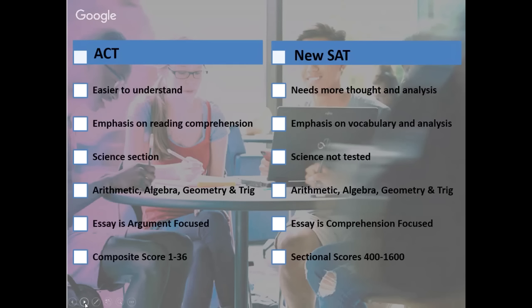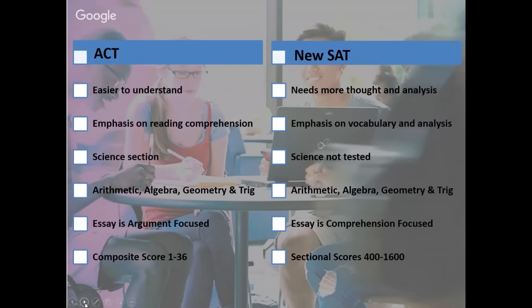Some differences between the two tests, and this is based on student feedback. The ACT can often be more straightforward with the questions, easier to understand, whereas on the SAT, the questions require a little bit more thought and analysis. The ACT, though, has an emphasis on reading comprehension, so you'll need to read something and then be able to understand it.